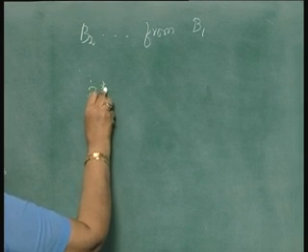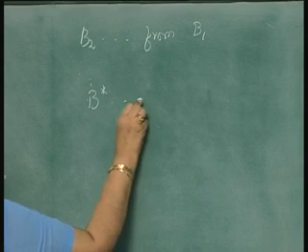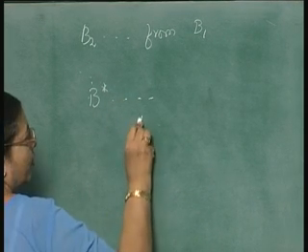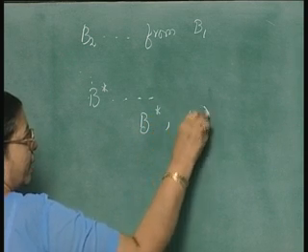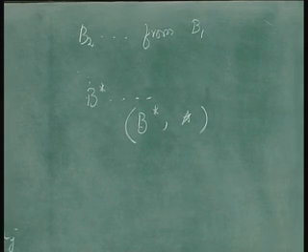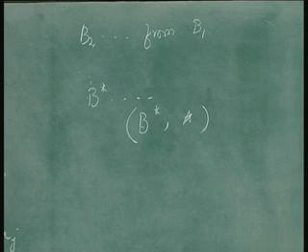B star is the union of all these things. So, you consider B star and star. B star is a closed set, it is closed under this operation.